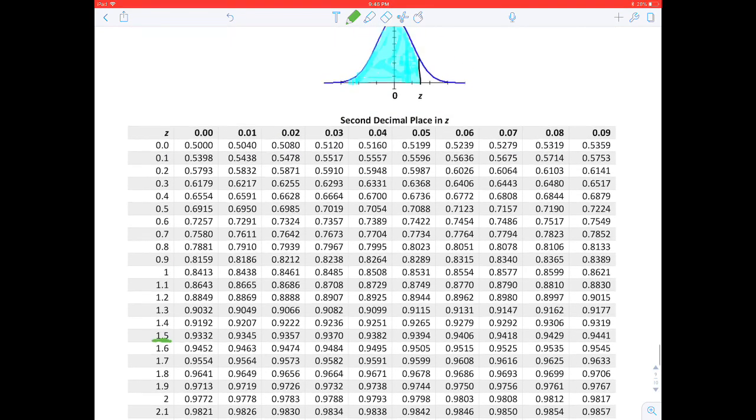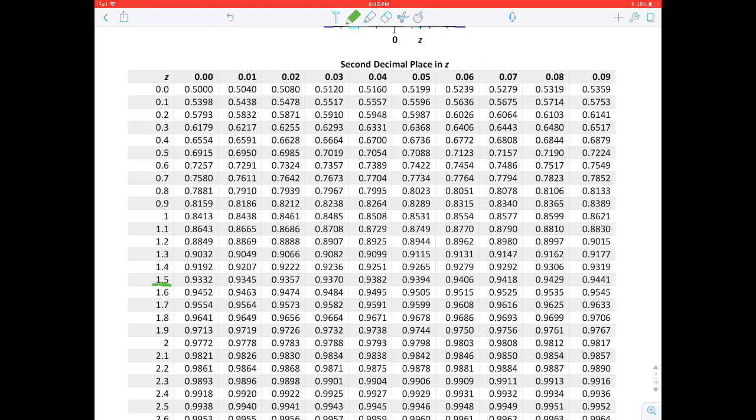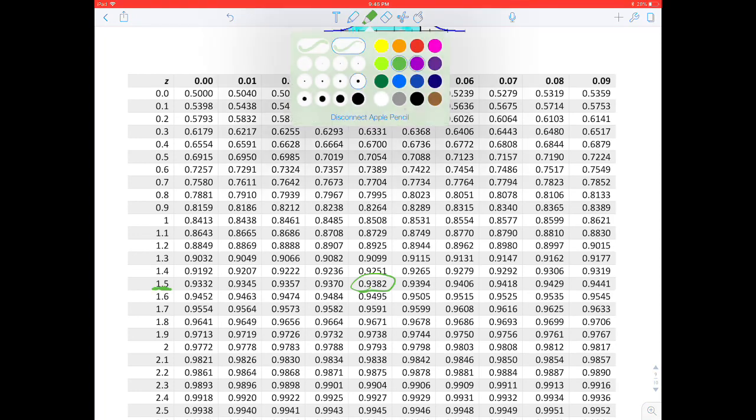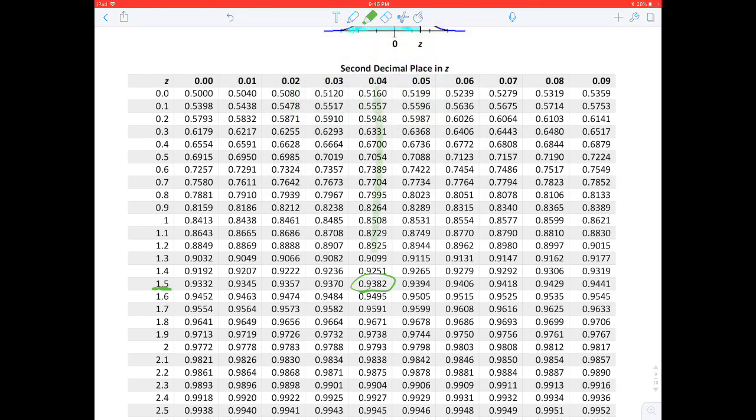That's the first part of the z score. See how it says z? And then the second part is the decimal place for z. So positive 1.54 is going to be over here, from the meetup of these two values.